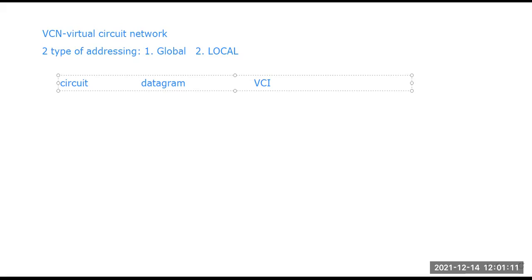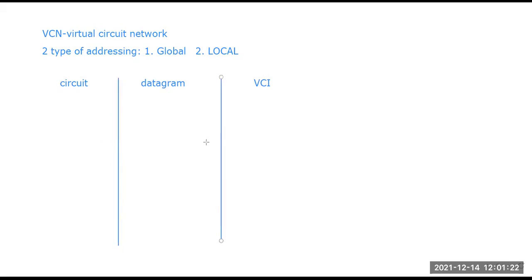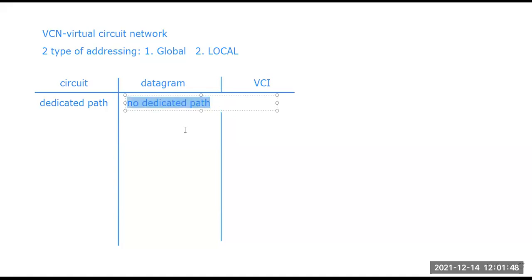So if I draw a differential scenario between circuit, datagram, and VCI: circuit has a dedicated path, whereas in datagram there is no dedicated path, and the same for VCI, no dedicated path.